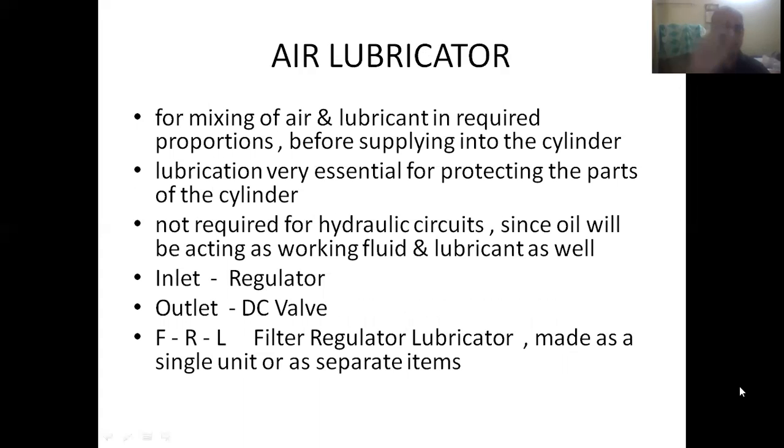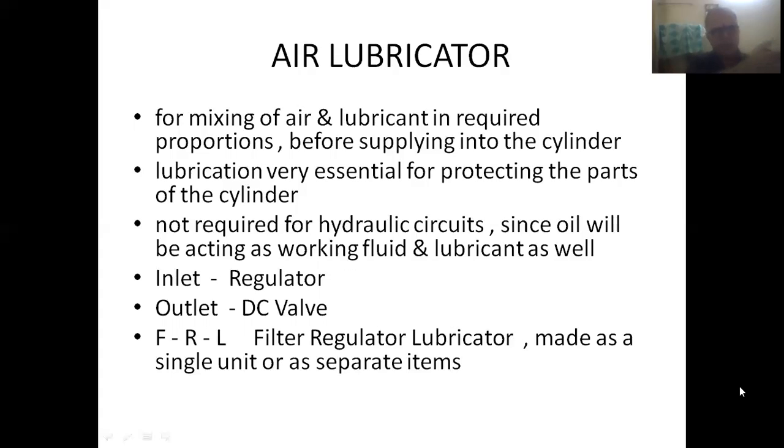So friends, this is the purpose of the lubricator for mixing air. It will be mixing air and lubricant in required proportions before supplying into the cylinder. So it's very, very essential. Lubrication is very, very essential for protecting the parts of the cylinder. Inlet is connected to the regulator and outlet is connected to the DC valve.